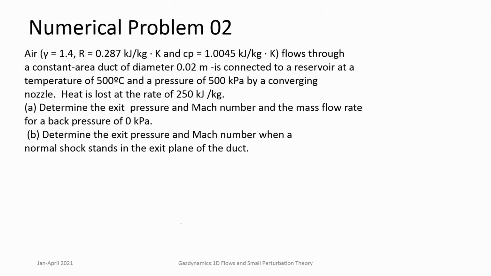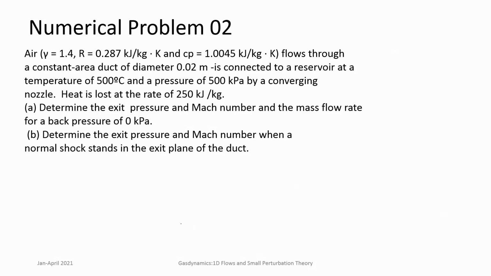In this, air, with properties given as gamma equal to 1.4, R is 0.287 kilojoule per kg Kelvin, and Cp is also given, flows through a constant area duct of diameter 0.02, connected to a reservoir at a temperature of 500 degree centigrade and a pressure of 500 kilopascal by a converging nozzle.